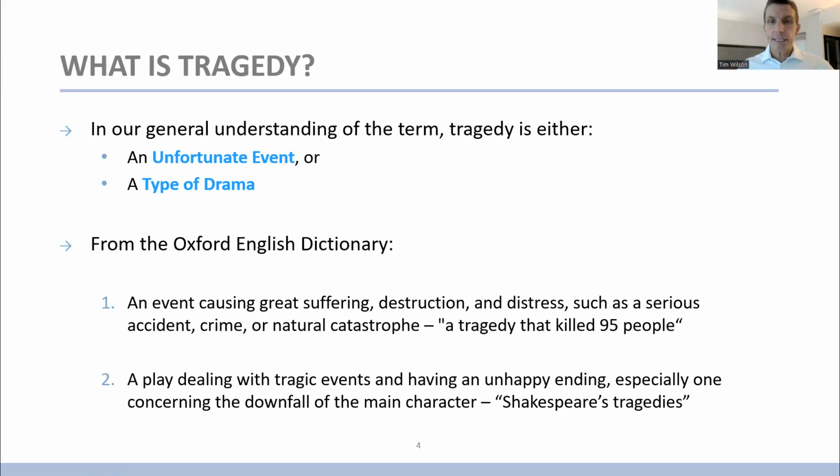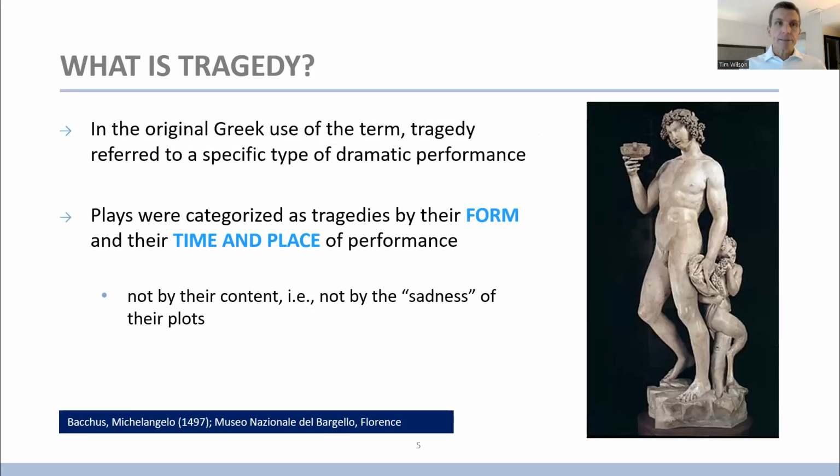For instance, a tragedy that killed 95 people. Or we might think of it as a play dealing with tragic events, with destruction, distress, suffering, and having an unhappy ending, especially one concerning the downfall of the main character, for instance, Shakespeare's tragedies. So that's our modern sense.